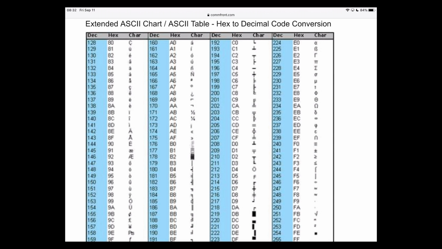So the second half of the ASCII table, using the 8th bit, gets you another 128 characters, and that allows you to encode all of the different Latin letters with decorations on them, from Western European languages like Spanish or French.